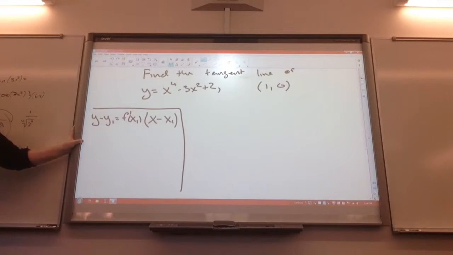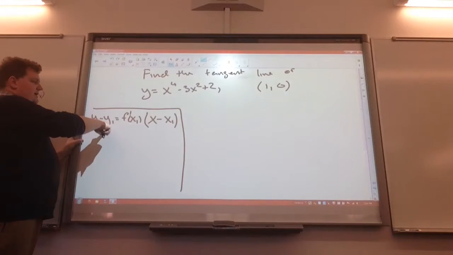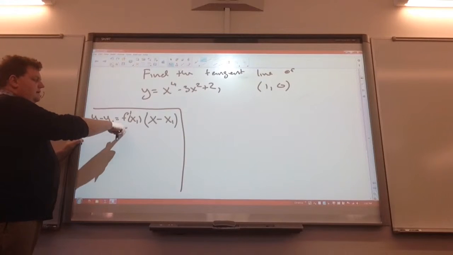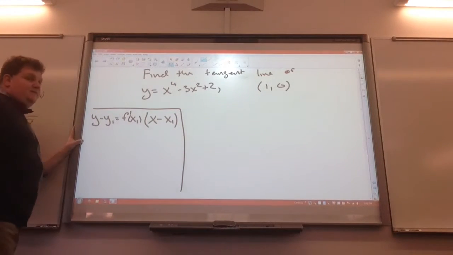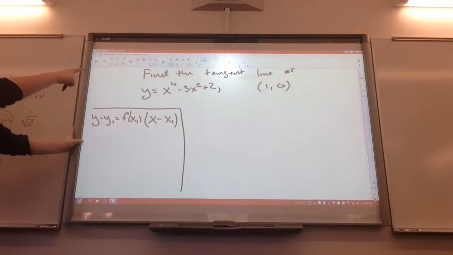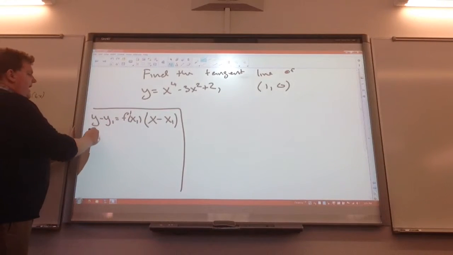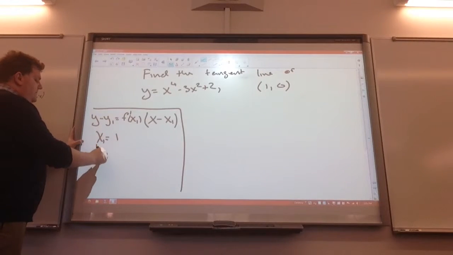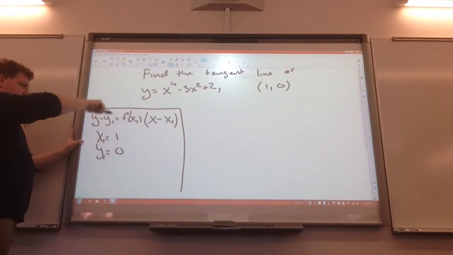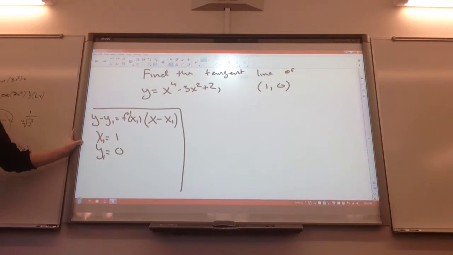Basically, the y coordinate at whatever x I put in, the derivative evaluated at the same x, and there's the x I'm given. So in this particular case, x sub 1 is given, it's 1. We're also given that y sub 1 is 0. That comes from the point. So the only thing I need is the derivative evaluated at x sub 1, at the x I'm given.